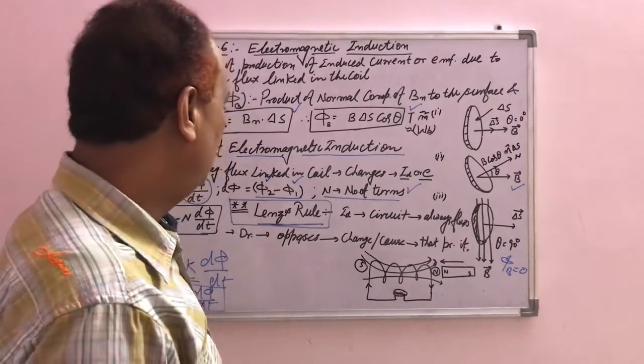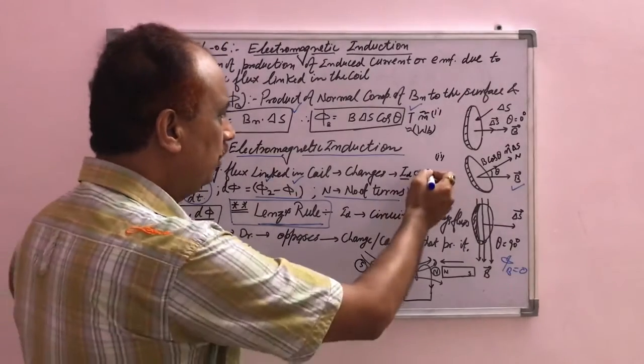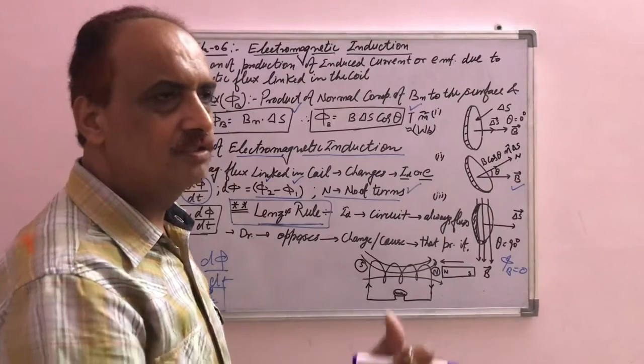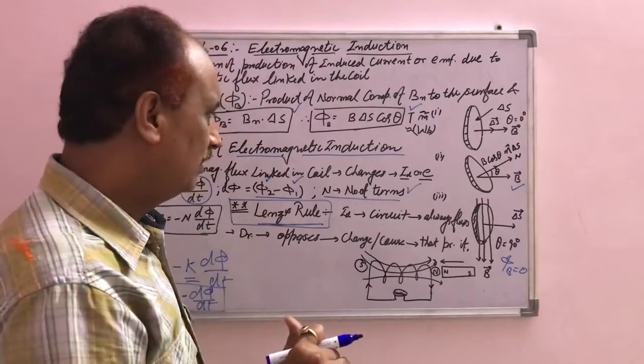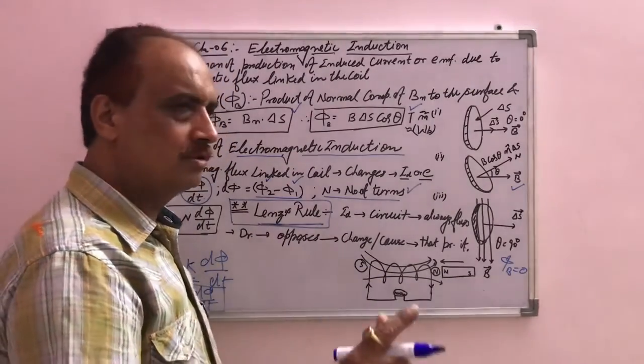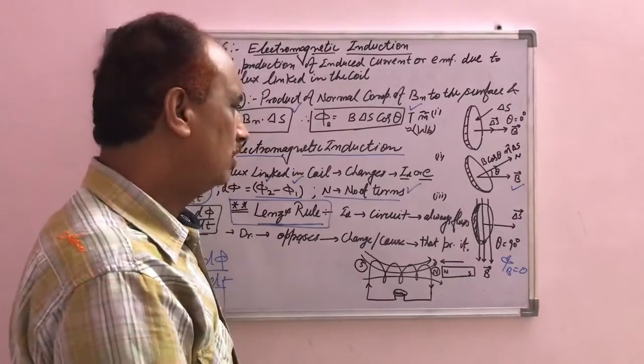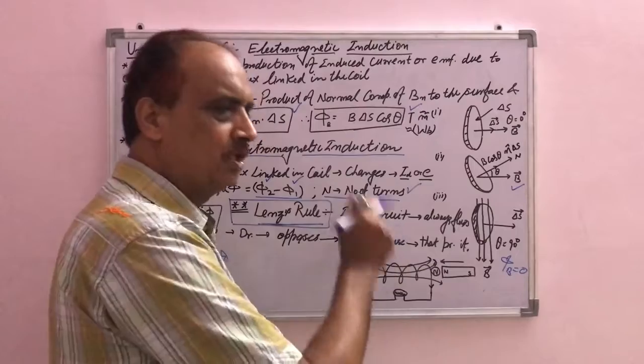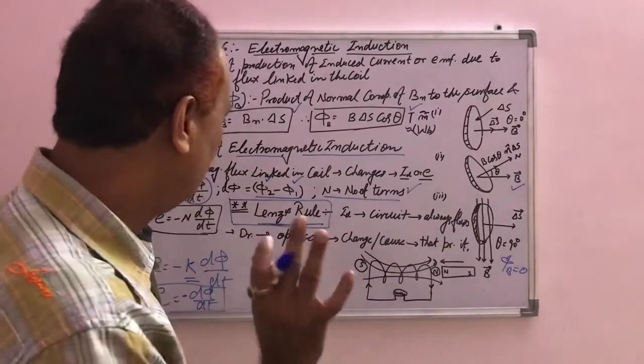So the induced current or induced EMF is produced in the circuit or coil in such a particular direction that it always opposes the cause, factor or change from which it is produced. That is the explanation of the Lenz law.